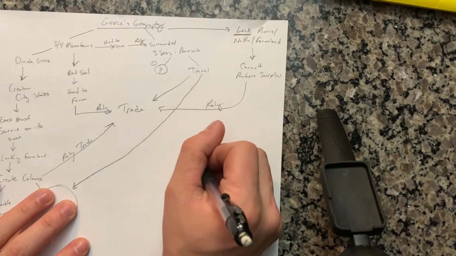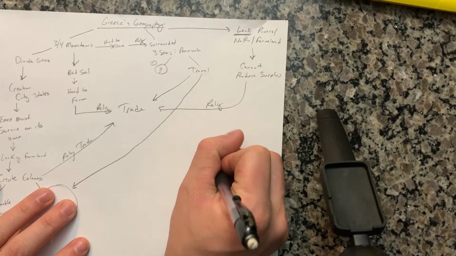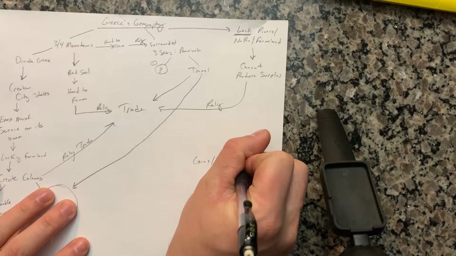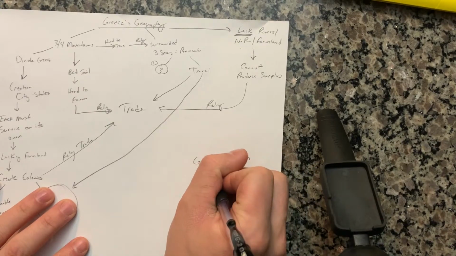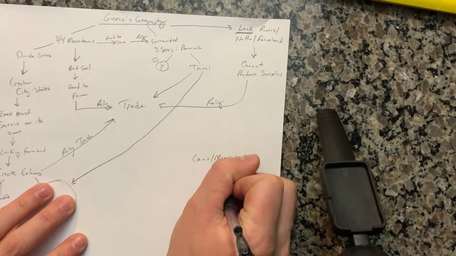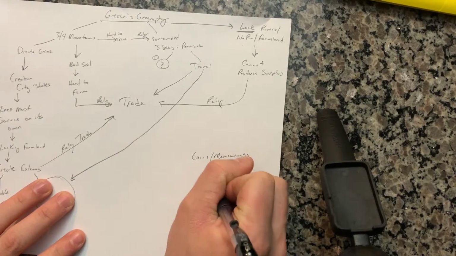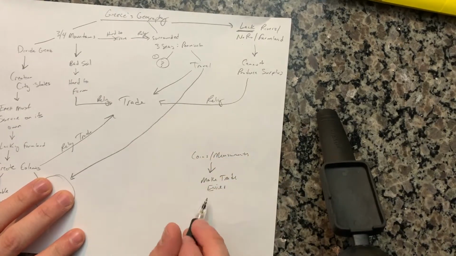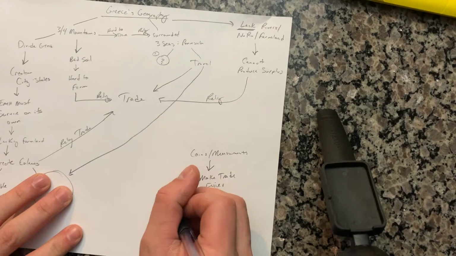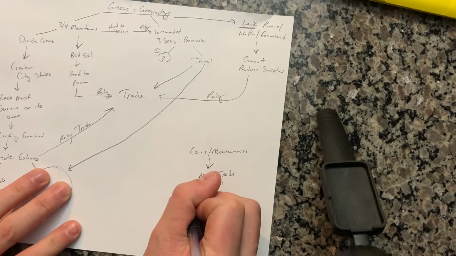And the last thing we're going to insert is coins and measurements. So from this, it's going to make trade easier, which is going to mean more people will want to trade.